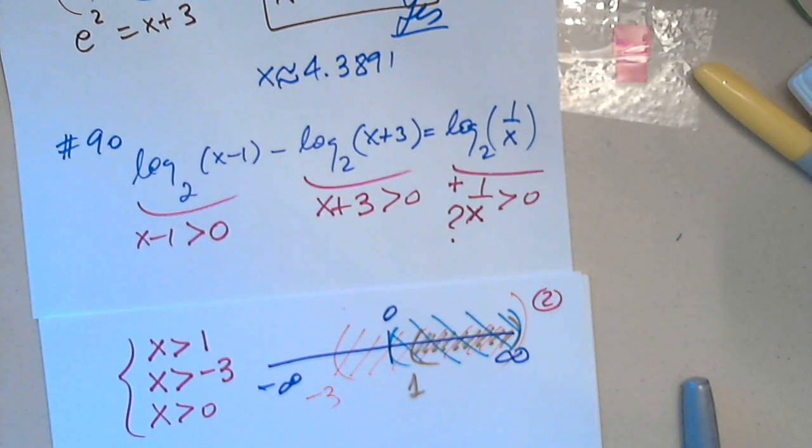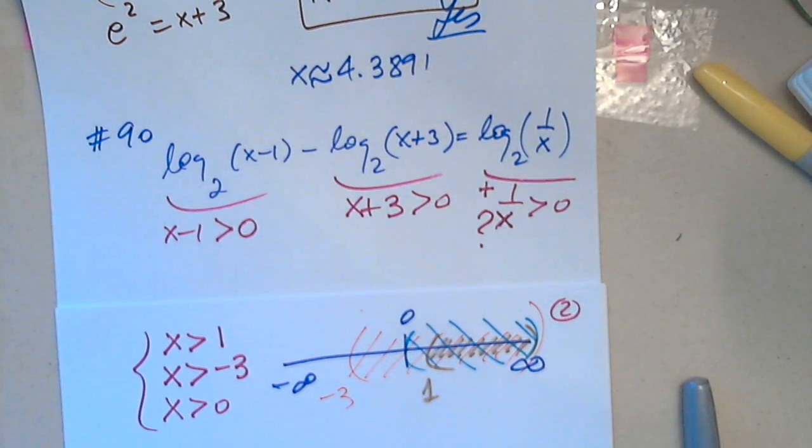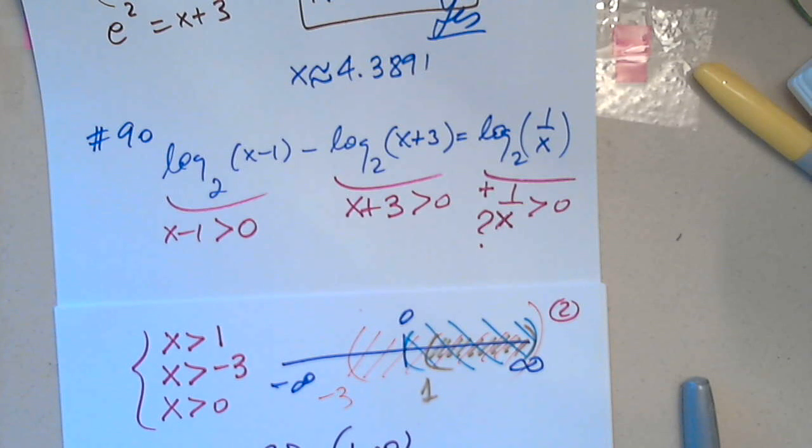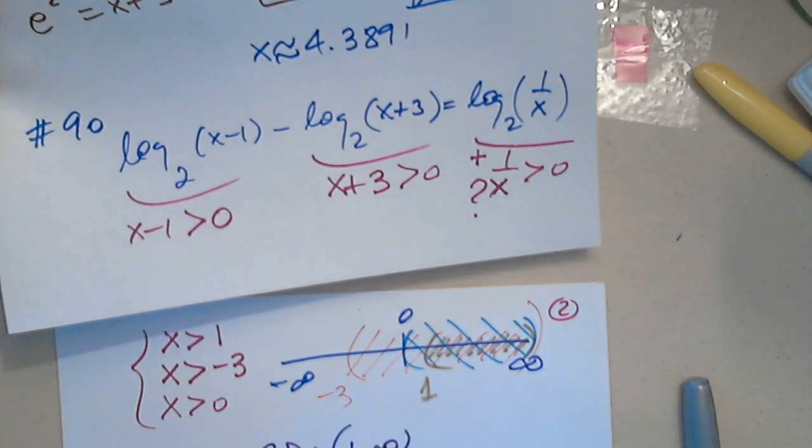I have to find the common elements. So what is the common domain then? 1 to infinity. Very good. So if the solution is not between 1 and infinity, I'll say no way, sorry, it's not. It has no solutions.